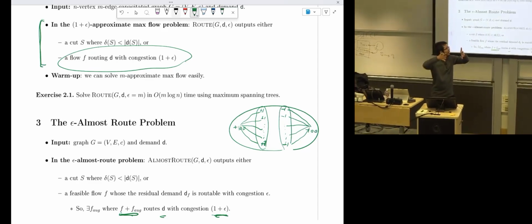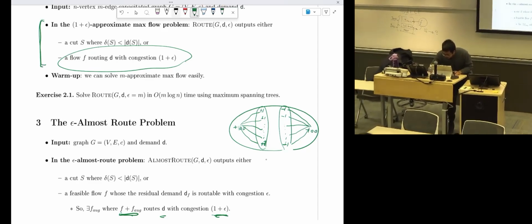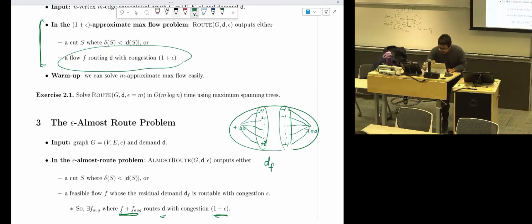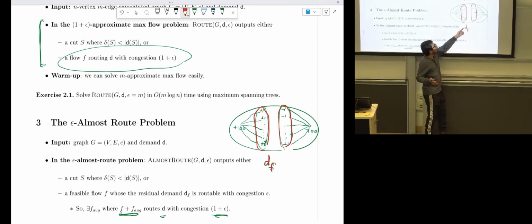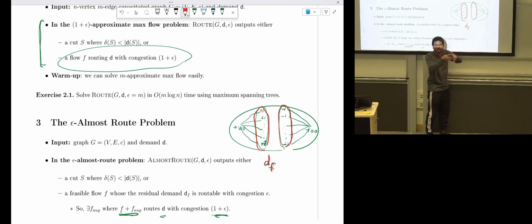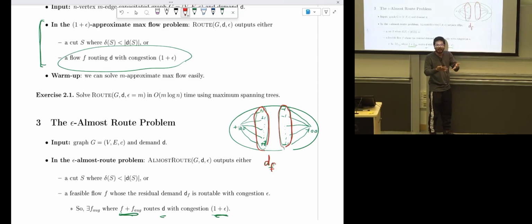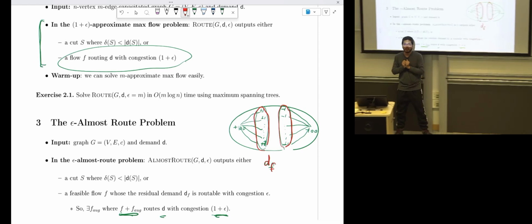And suppose that this residual demand is this thing, and it promises that the residual demand is easy to route with super low congestion, with congestion just epsilon.